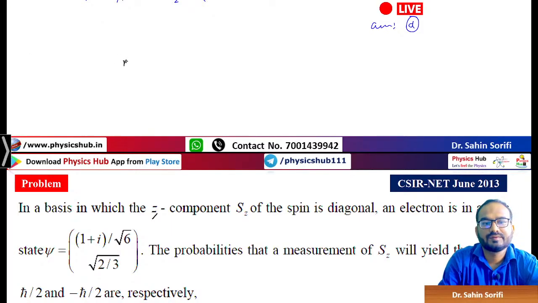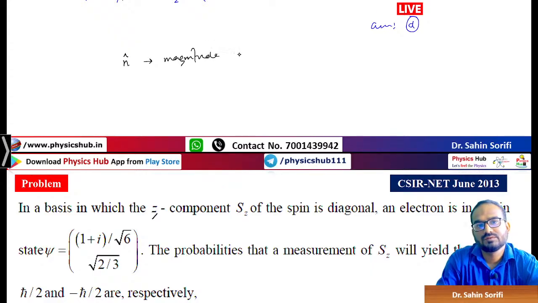N cap is a unit vector, so it has a magnitude of unity. It means if I take the magnitude of this vector, it will give you 1.